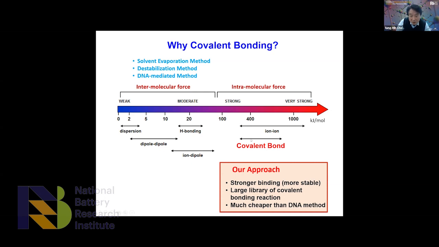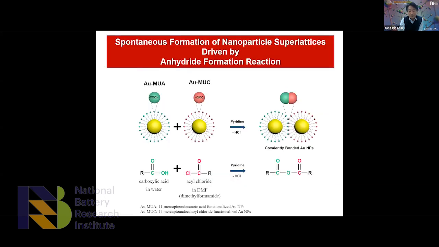But on the other hand, a covalent bond is much stronger than these previously used interactions, so it can provide much more stable superlattices. Our group proposed this covalent bonding approach first.